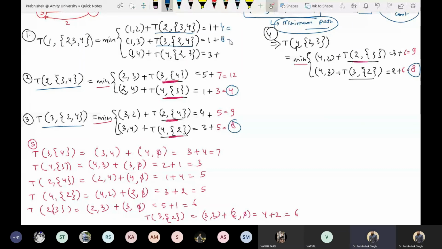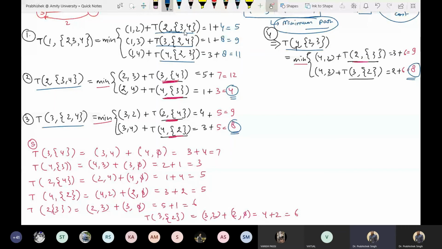What is 4 to 3? 4 to 3, it is 8. Minimum values we have taken. Okay, so let's calculate this thing. This will be 5. This will be 9, this will be 11. So we have calculated all these things.